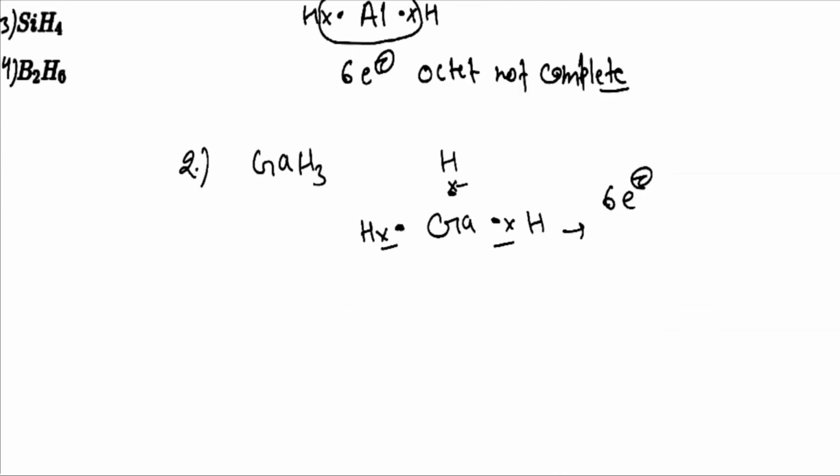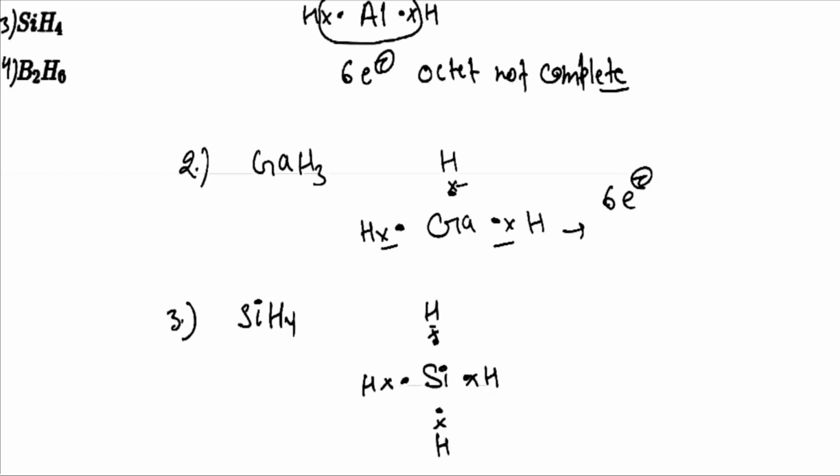Now moving to the third option, we are given silicon hydride. In silicon hydride, silicon is the central atom, and we know that silicon has 4 valence electrons because it is placed below carbon, and each electron is shared with a hydrogen atom.